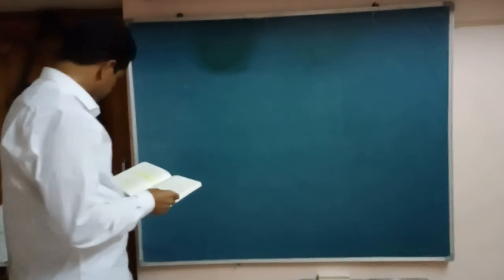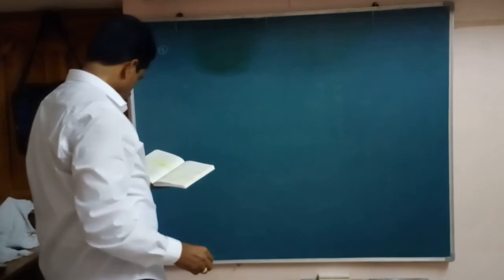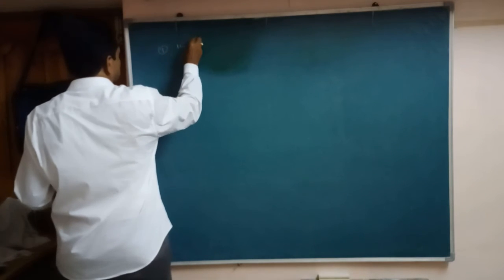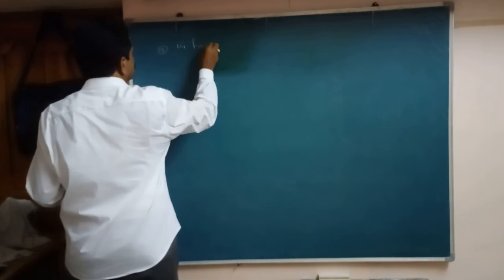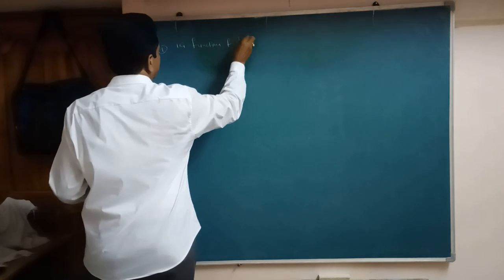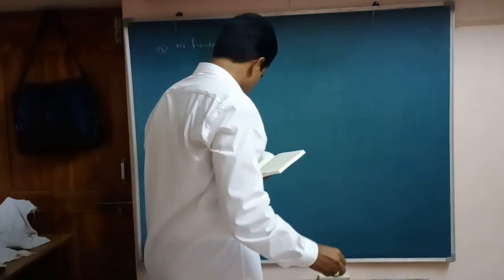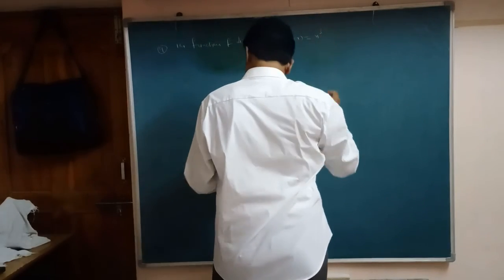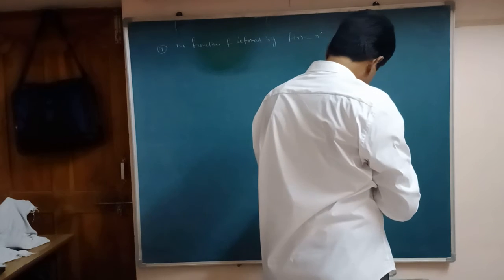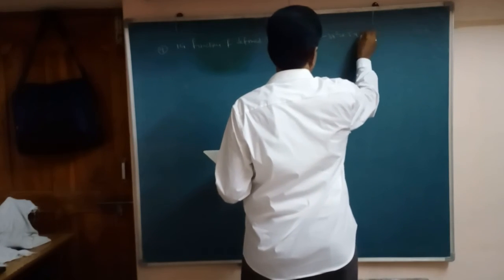Next. The function f defined by f of x equal to x cube minus 3x square plus 5x plus 7.